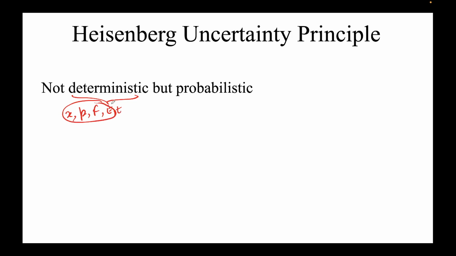There's no probability. Probability is 1. When you know your ball is at this location, the ball is at that location. There's no if and but. Quantum mechanics does not run on deterministic, it runs on probability. And hence, since it runs on probability, there's an uncertainty involved.